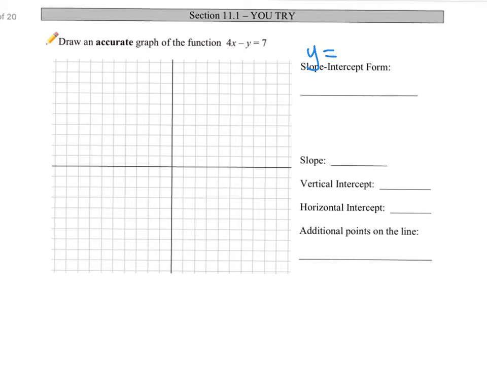Either way, I'd like you to try to get a y equals mx plus b equation and an accurate graph. Once you've done both of those things, come back to the video and we'll talk through some of the rest of this with the slope and the intercepts. But I would like you to attempt to graph it and get the equation rearranged yourself if possible. So pause it and come back when you're done.